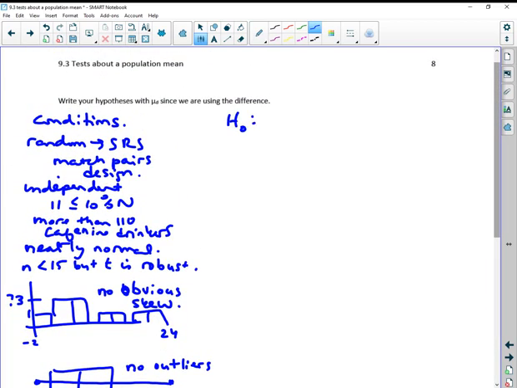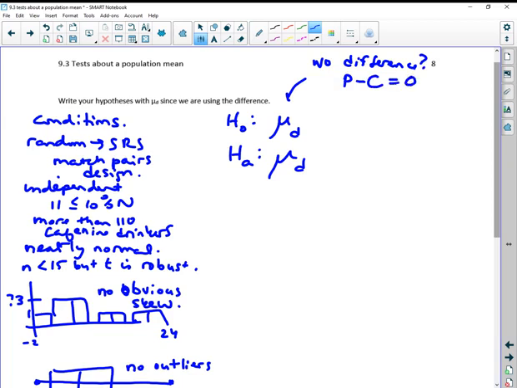Okay, so our null and alternative, we have the difference here. Now, if there was no difference between the two things, then my placebo minus my caffeine should be exactly the same. That means that I should be equal to 0. And they are wondering if there is a difference.